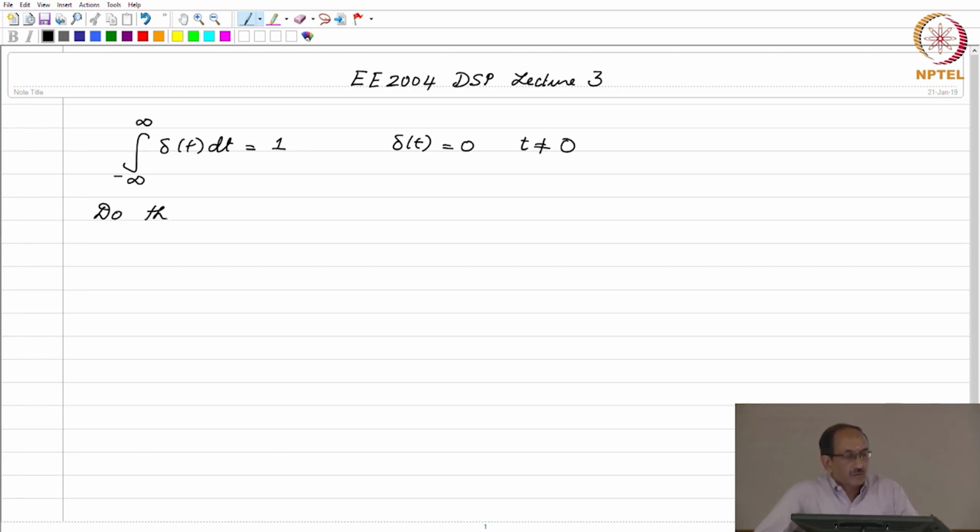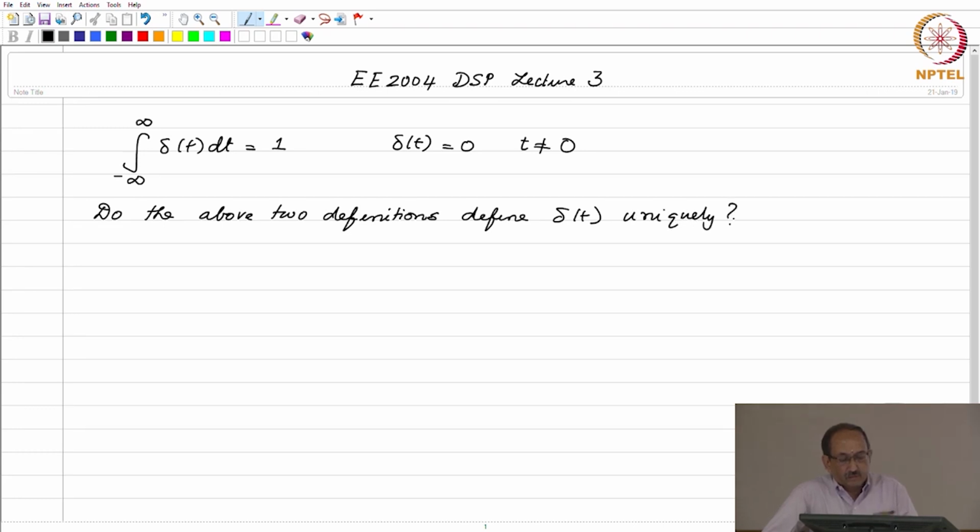So the question is, do the above two definitions define delta of t uniquely? This is something worth asking.